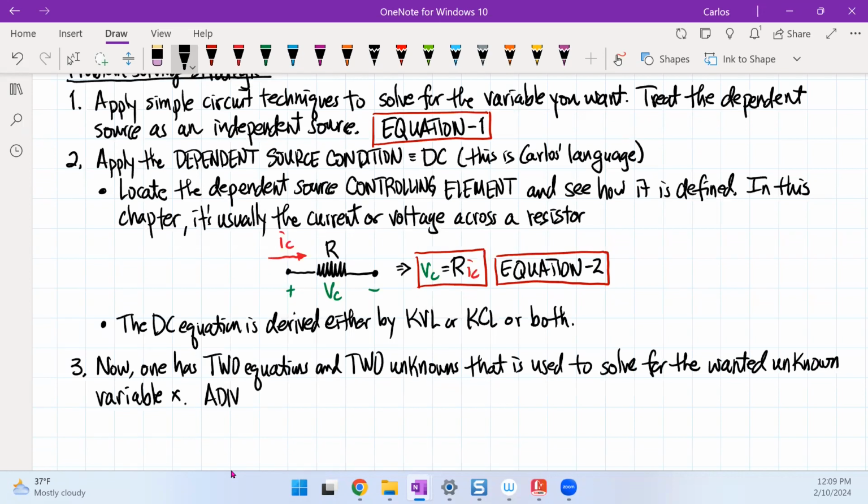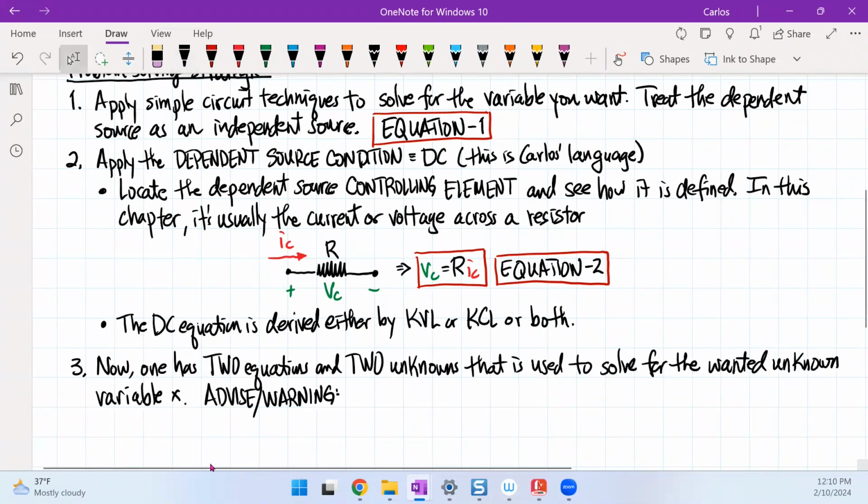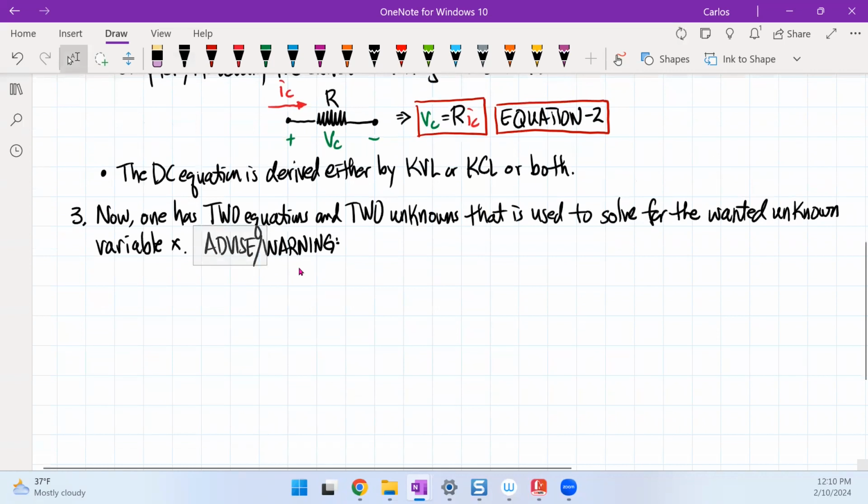Advice / warning. In fact, I think I'm going to separate this. I'm going to put this down here.